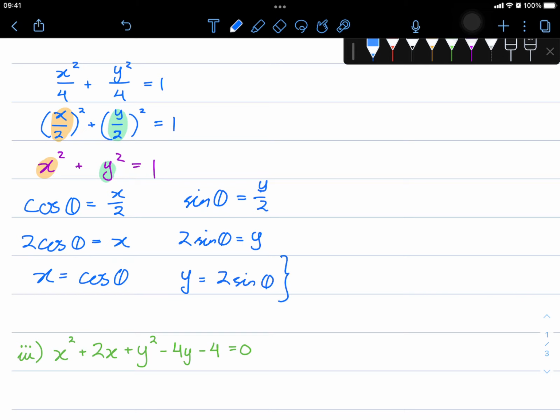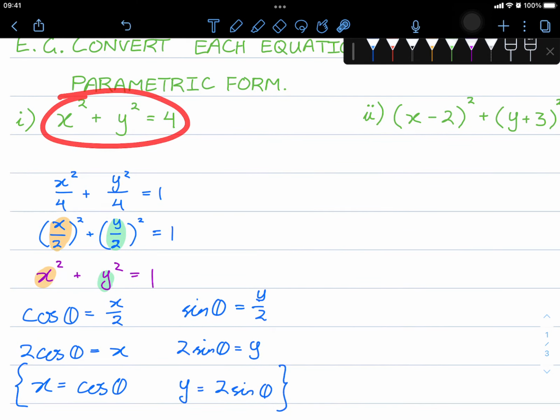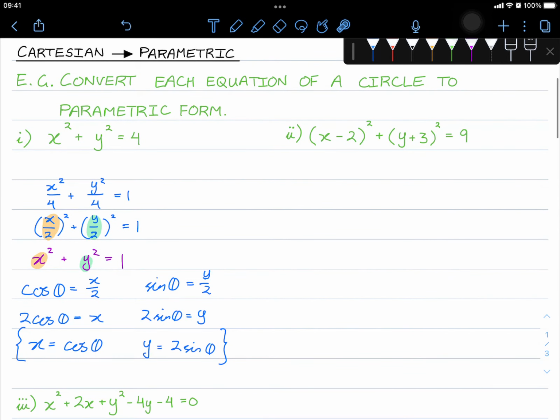And so these two combined make the parametric form of this equation here. So it's very straightforward. Hopefully that gave you an insight into this.